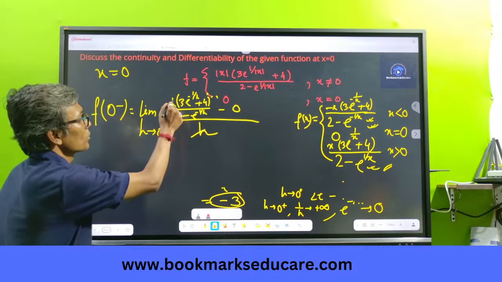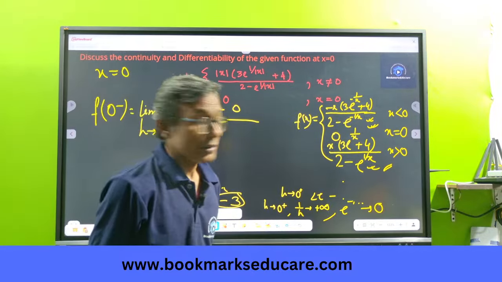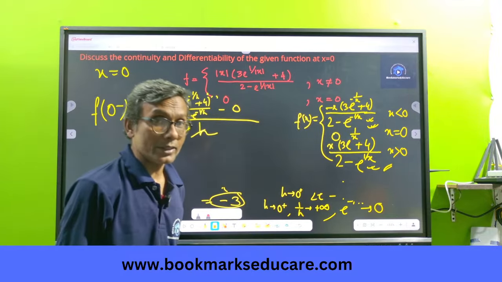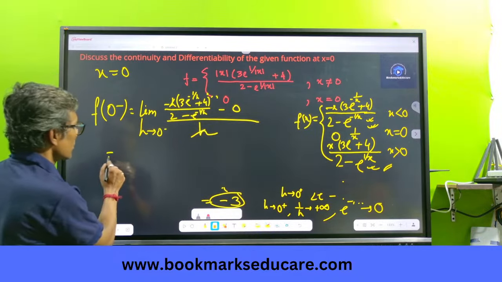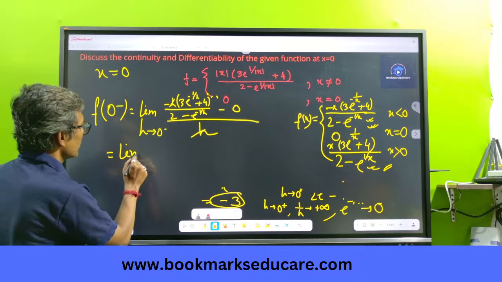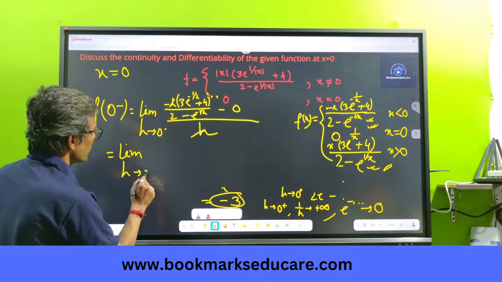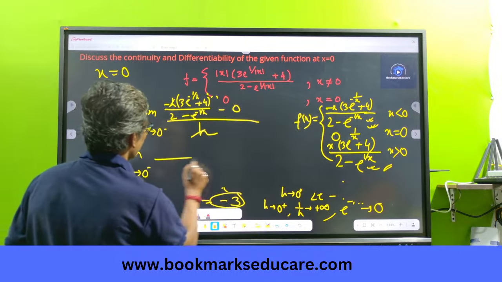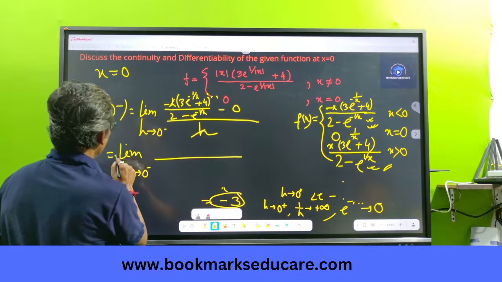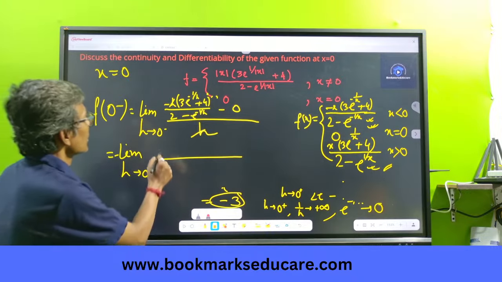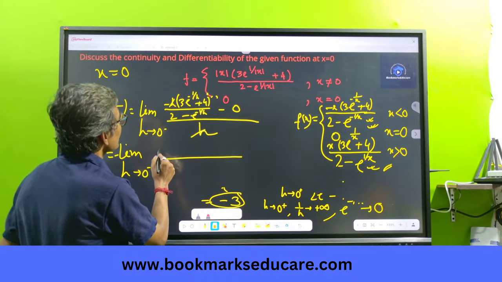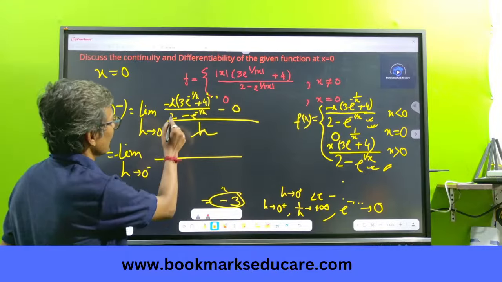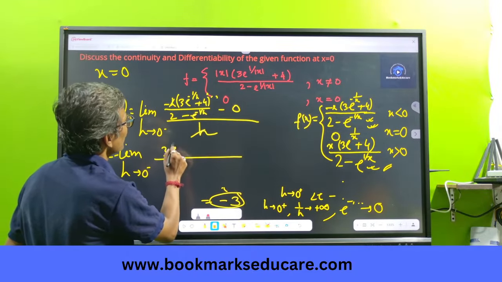So h will be cancelled out from numerator and denominator. So h tends to 0 minus, tends to 0 minus e to the power minus.